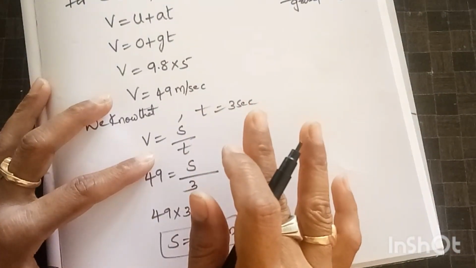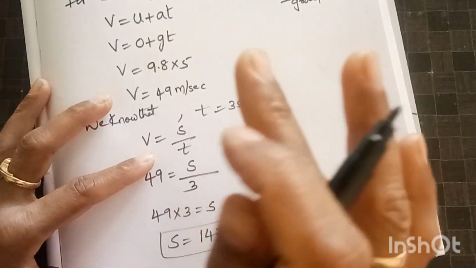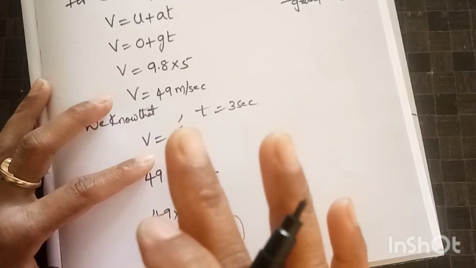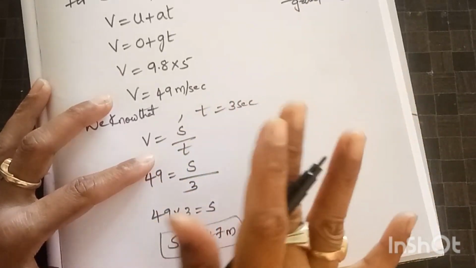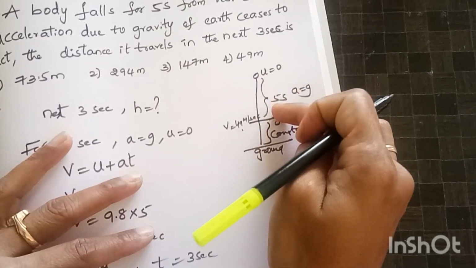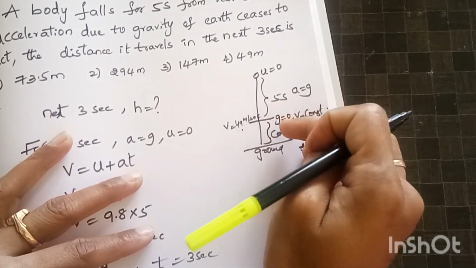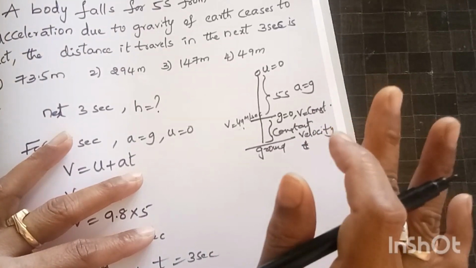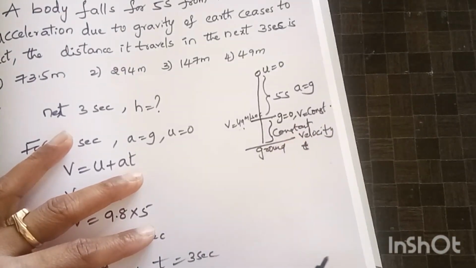Just remember that after the acceleration due to gravity has ceased, the object travels to reach the ground with a constant velocity. The velocity it had before ceasing will be the constant velocity. With that velocity only, the object reaches the ground.